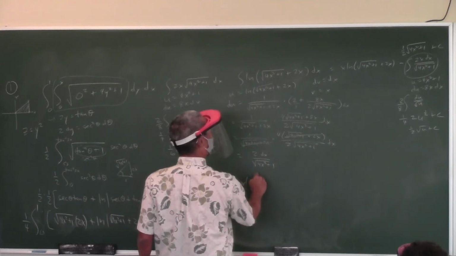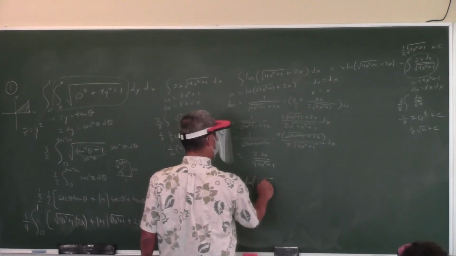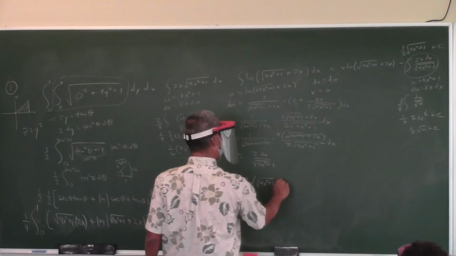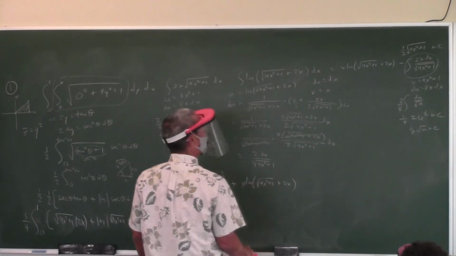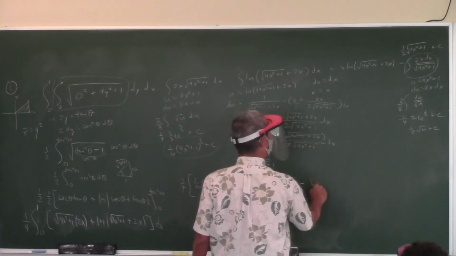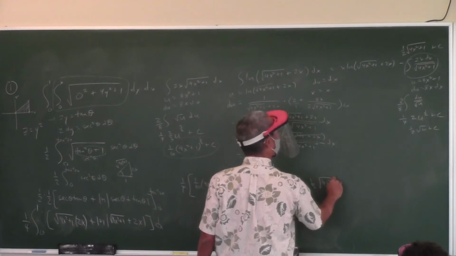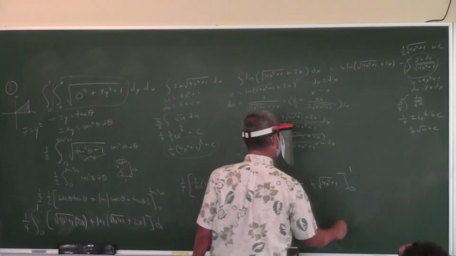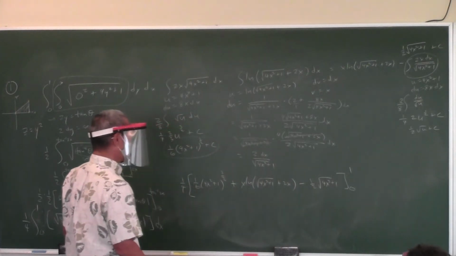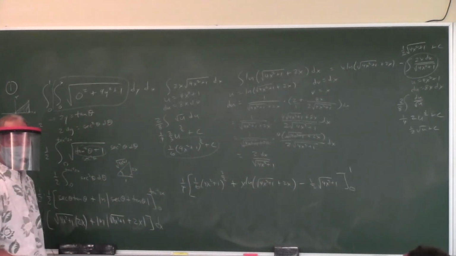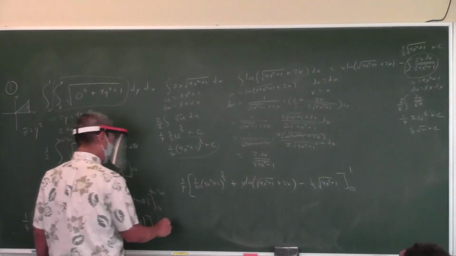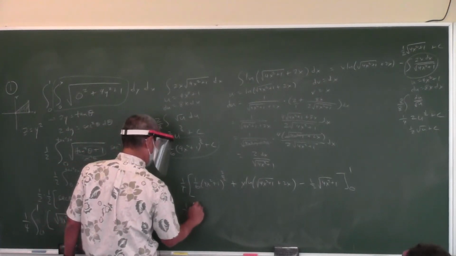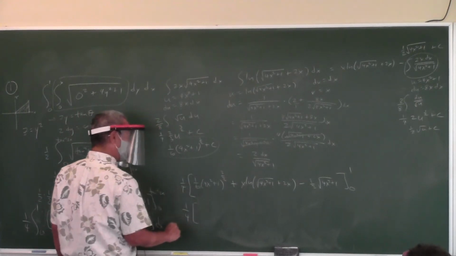X natural log of square root of 4x squared plus 1 plus 2x, minus 1/2 root 4x squared plus 1, from 0 to 1. Is it correct so far? Plug in the top number.